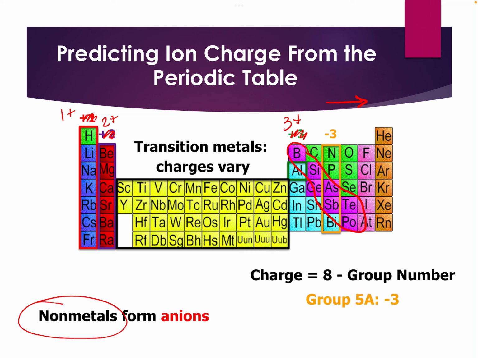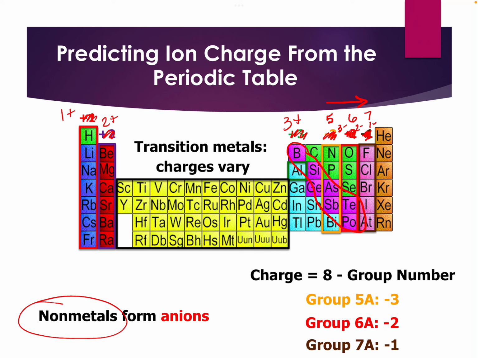These all have 5 valence electrons, so they need to gain 3, so they're going to form a 3 minus charge. All of the next ones have 6 valence electrons, so they need to gain 2, and they're going to form a 2 minus charge. And then the halogens have 7 valence electrons, so they need to gain 1 to have a 1 minus charge.